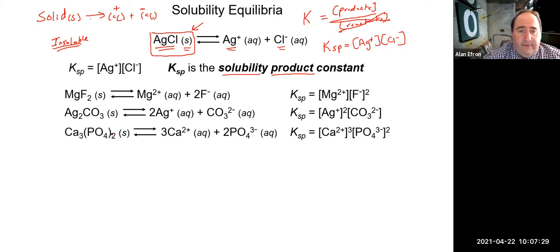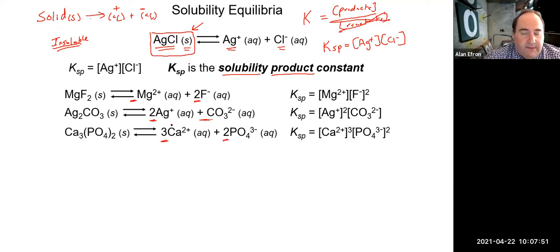Now we see some other things here like magnesium fluoride. We also have silver carbonate, calcium phosphate. So remember, when these guys break apart, they don't always break apart into a 1-to-1 relationship in terms of their ions. There's a 1-to-2, a 2-to-1, a 3-to-2.